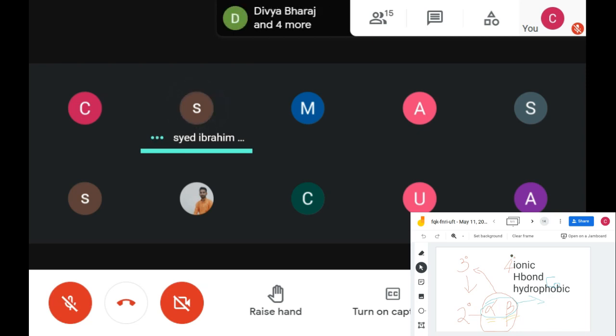So if you look into the ionic interaction, or the electrostatic interaction, there are some residues which will favor its formation. All the charged amino acids, for example glutamate, aspartic acid, lysine, arginine, histidine.